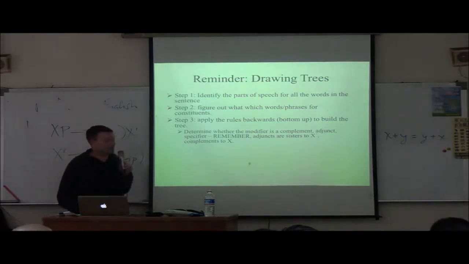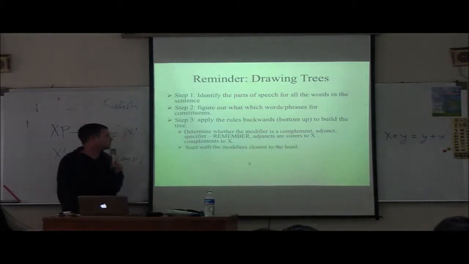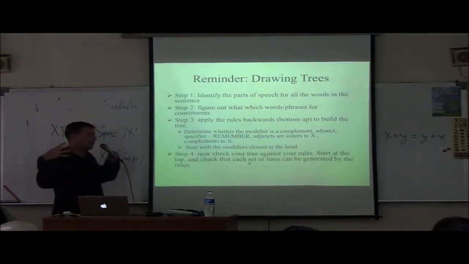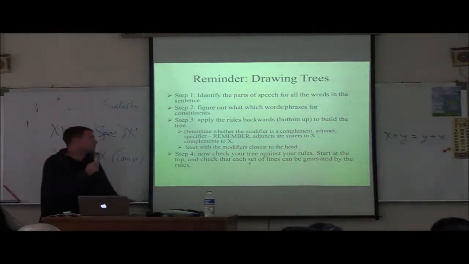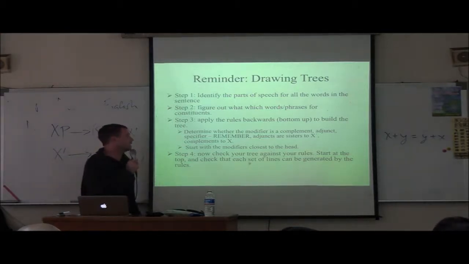Adjuncts are sisters to X bar. Then start with the modifiers closest to the head, and then work your way outward. Then check your tree against the rules. Make sure that every complement is the sister of a head and every adjunct is not.